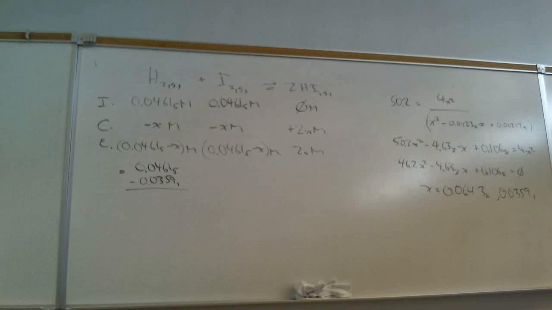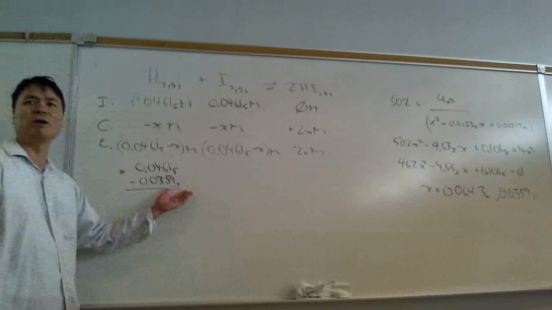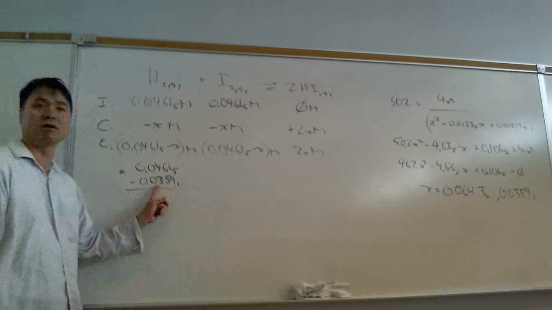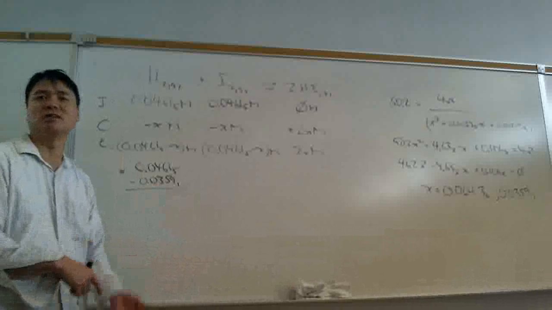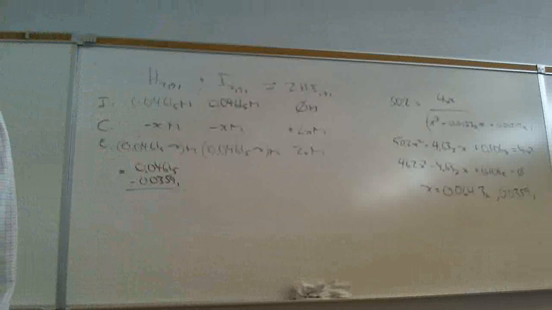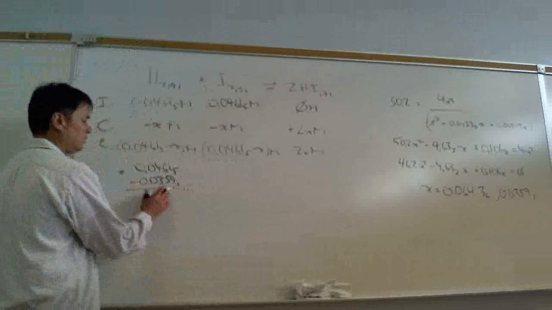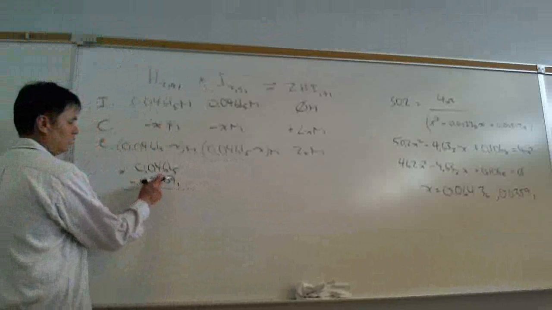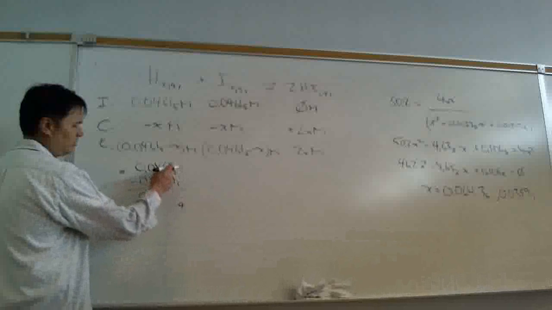Some people are so lazy, they round this to 0.04 and go 1 sig fig because it's a lot easier. But their answers are so far off that either they correct that or they just don't pass, because they never get the right answer.